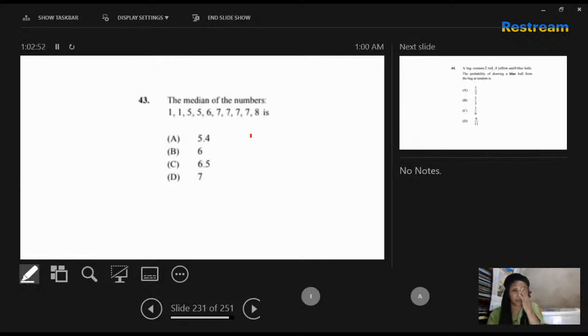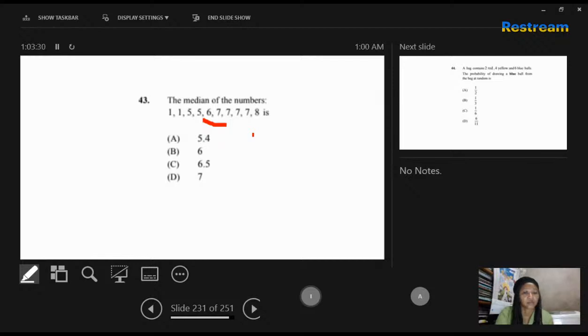Imani? Number 43. The median of those numbers. So put them in numerical order. So the median would be, we're going to cancel on each side.